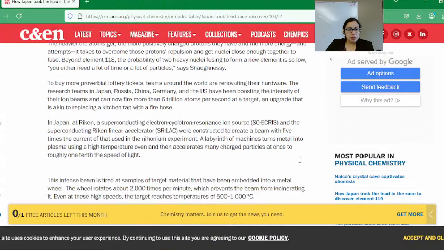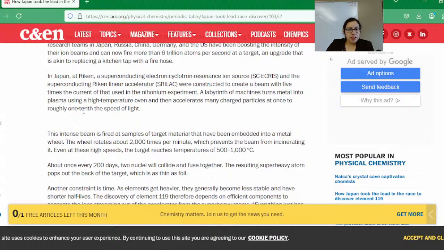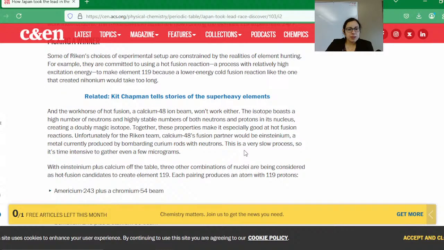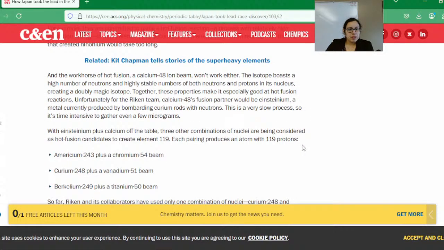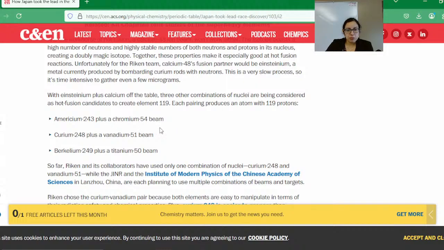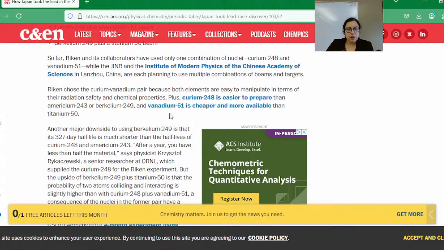They're trying to figure that out, and again, all these things are very short-lived. This shows their possible combinations and why they settled on the vanadium one.